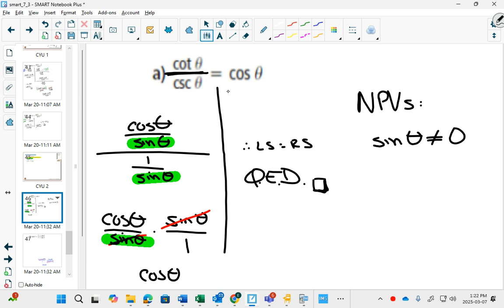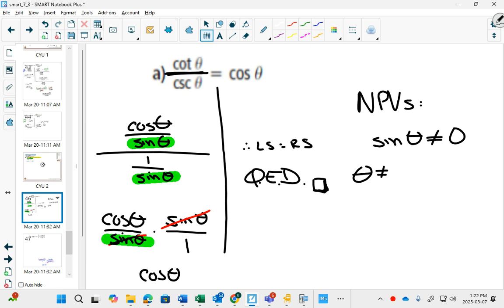But this still hasn't said the non-permissible values. The non-permissible values are telling us what theta can't equal. Think of your pie plate. Sine is the y coordinate. When is your y coordinate 0? Here, here, here. Right? Here and here. So how do I write that? Okay.